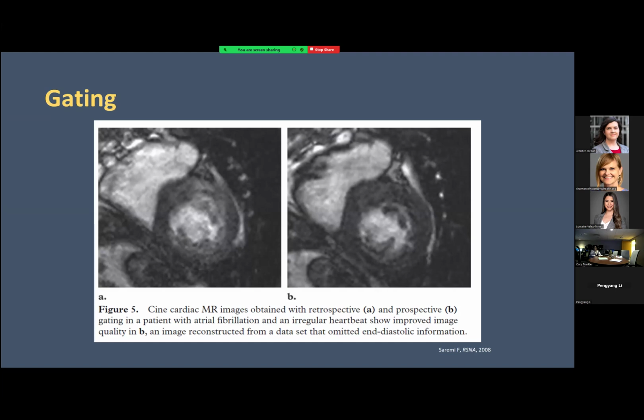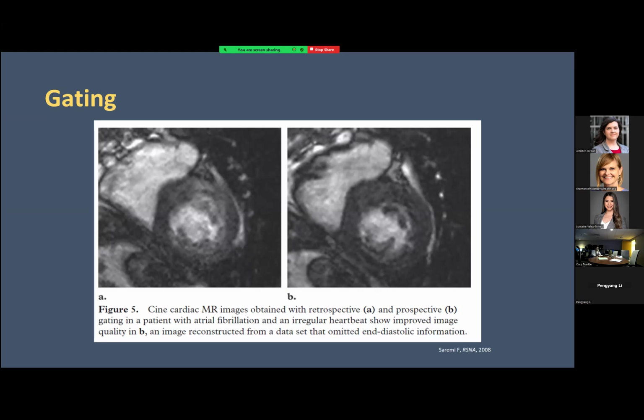On the left-hand side, you have a retrospective cine stack, and on the right is the prospective gating, which does improve, in this case, a patient who had AFib during the scan. So the data set is improved by making that switch from retrospective to prospective gating for AFib.